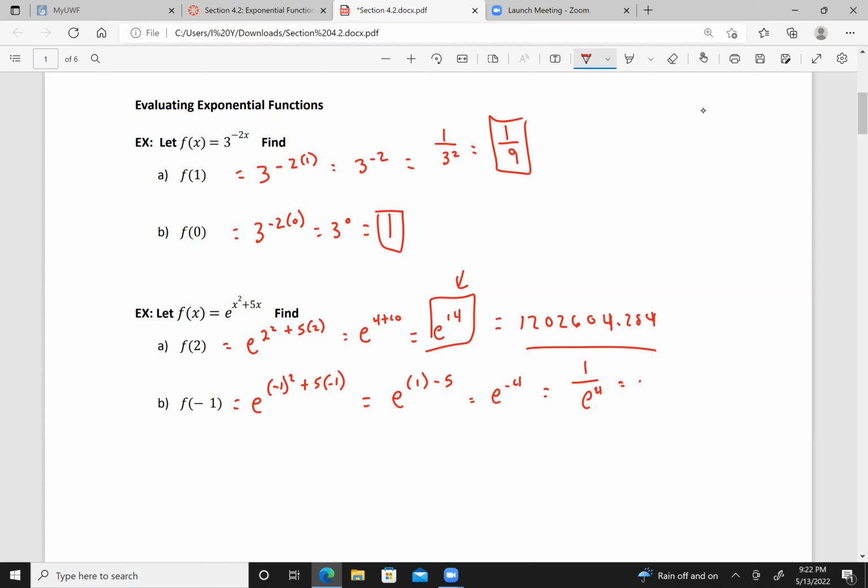And this comes out to be 0.018315639. Again, this would be the answer that is more precise.